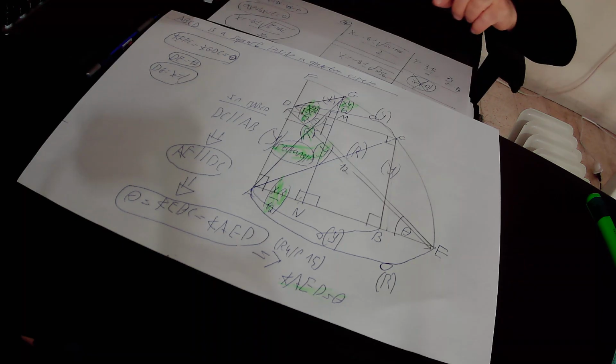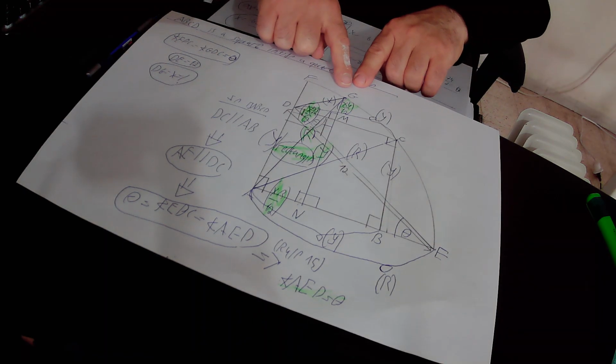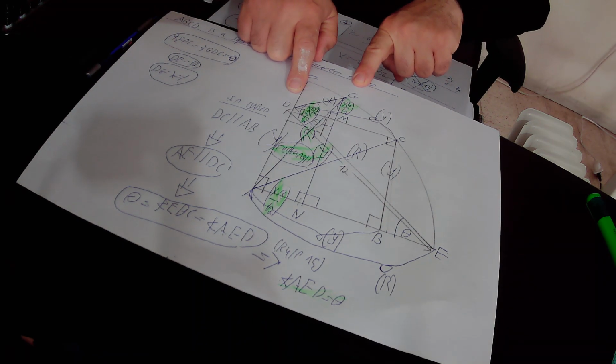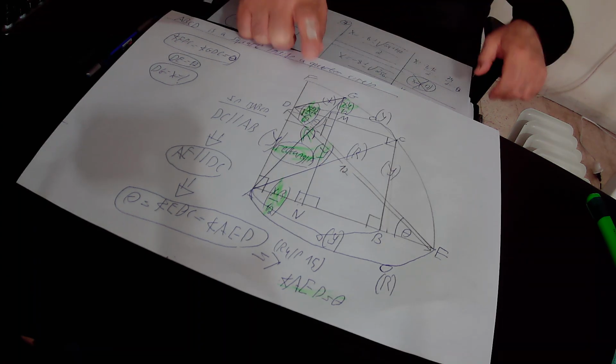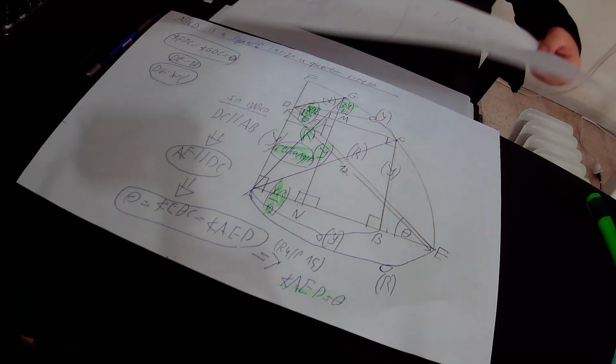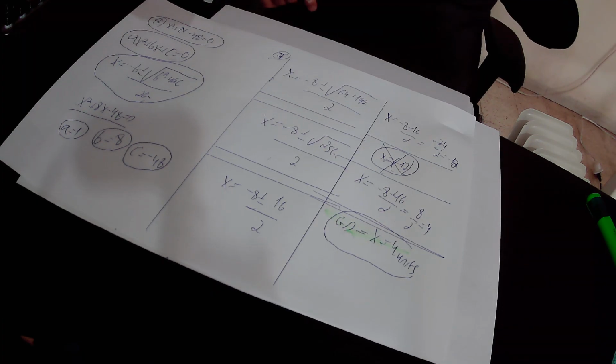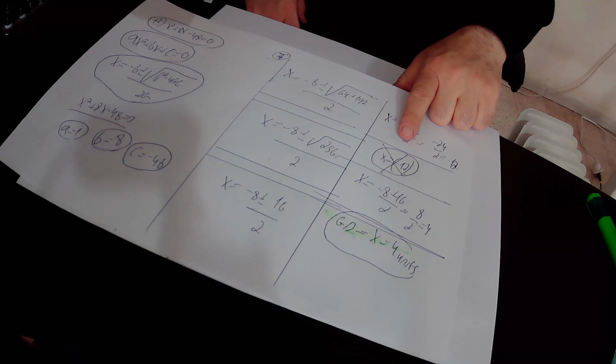But because x is the length of line segment GD, x as a length must be a positive number. Therefore, the negative solution for x is irrelevant, so we cancel the negative solution because x must be a positive number.